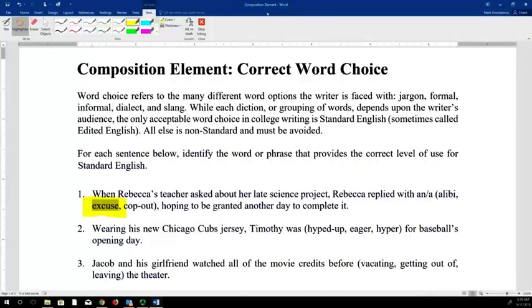Alibi would be jargon, right? That would be an example of a term that you would hear in law enforcement, or in court. And then cop-out would be slang. And there's a little clue that cop-out is slang, in that we have the use of direction, as well as just a kind of made-up word, cop.